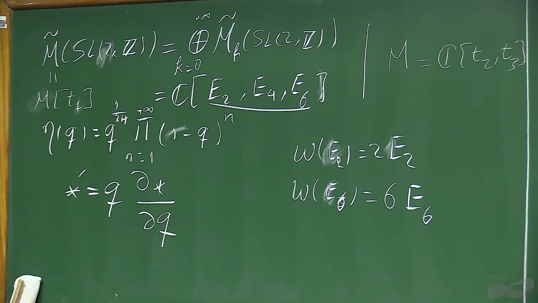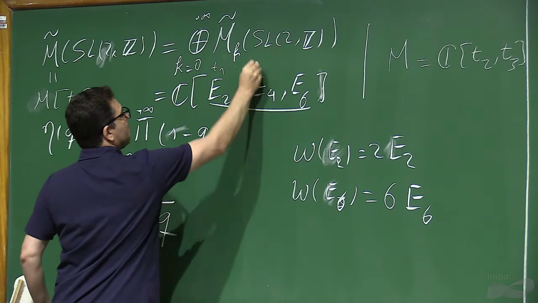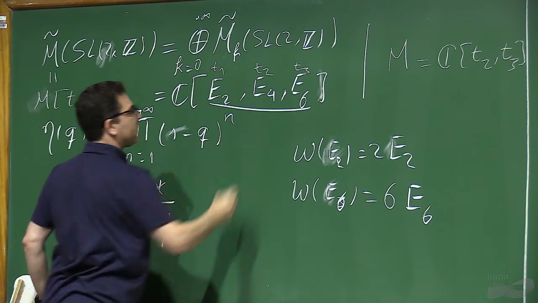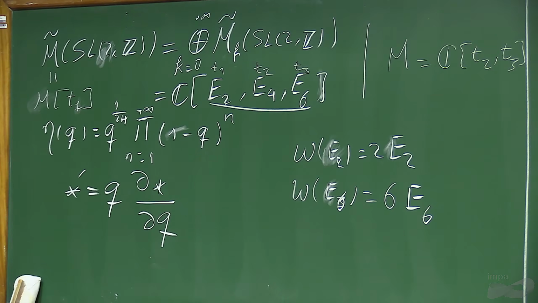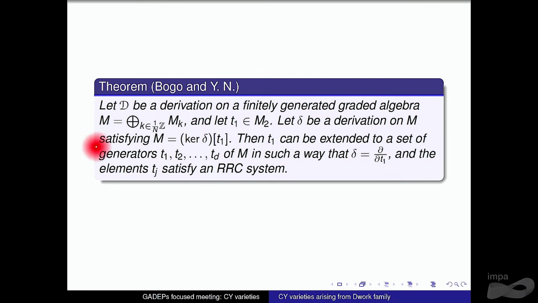Yes, it's T1, because this one is T1, T2, and T3. So we need that the derivation delta satisfies this condition, and we also have W, the weight operation.